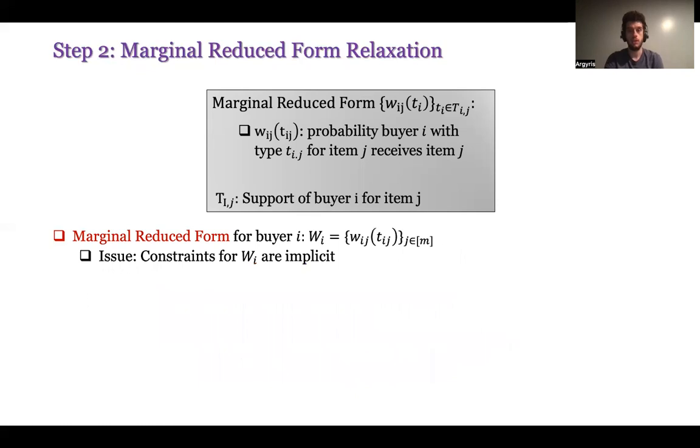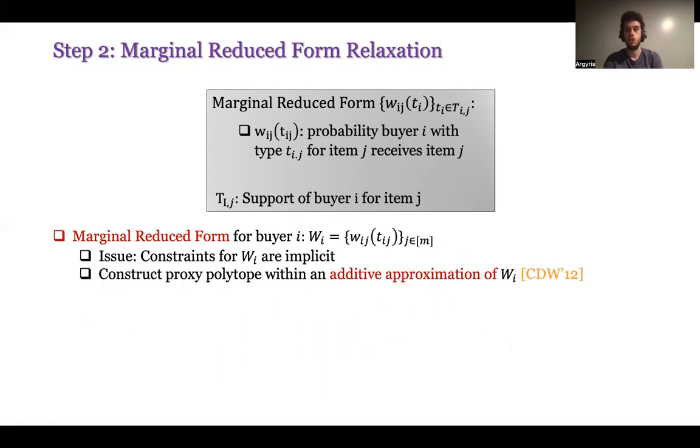One more issue is that the constraints for buyer's marginal reduced form polytope are implicit. One way to deal with this is to construct an explicit proxy polytope using the technique by Zhao and Weinberg. One caveat of their approach is that their proxy polytope is within an additive approximation of the target polytope, which would lead to an additive approximation of the optimal revenue for our relaxation.